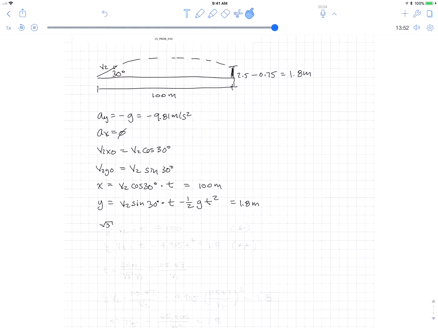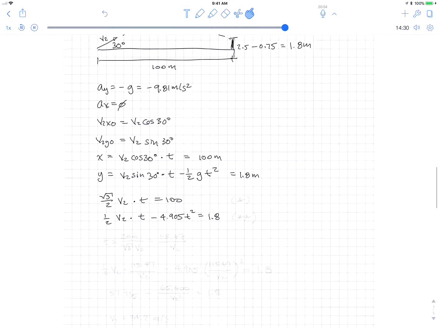Root 3 over 2 v2 times t will equal 100. 1/2 v2 times t minus 1/2 of 9.81, 4.905 t squared, equals 1.8.